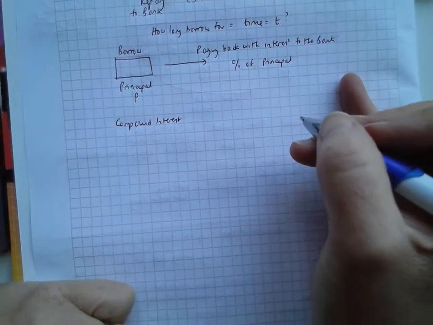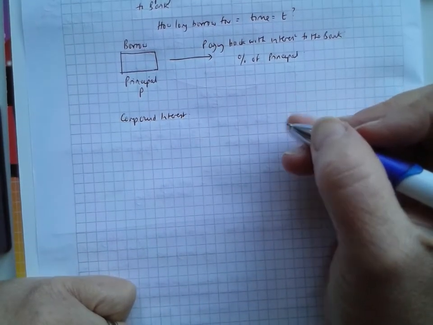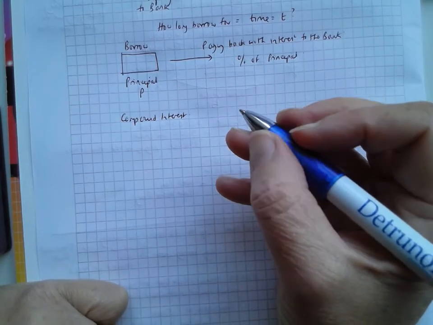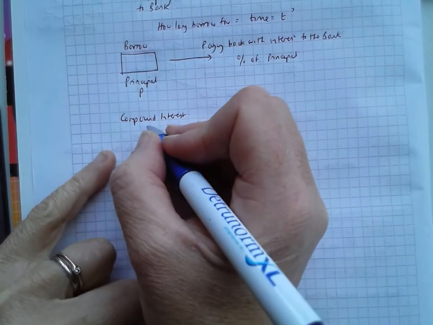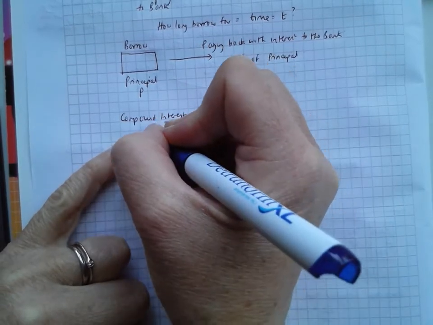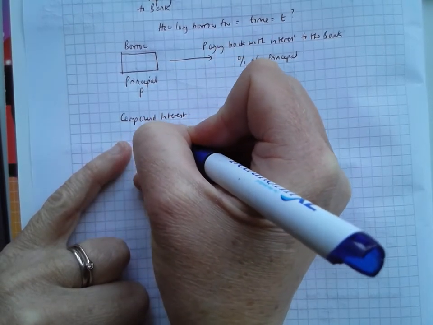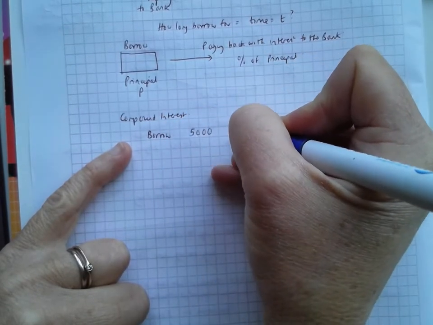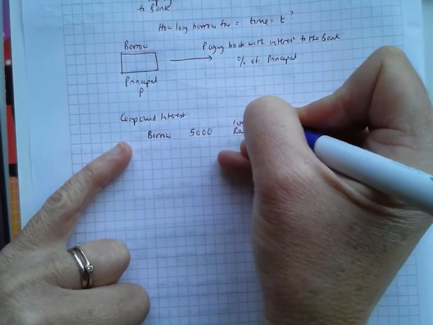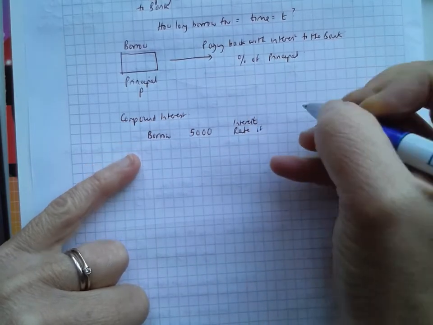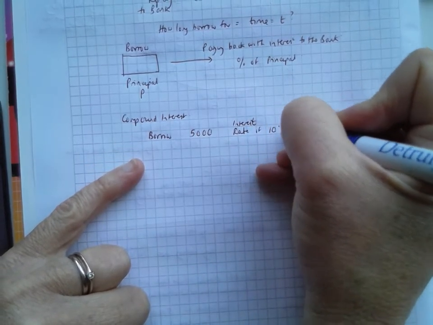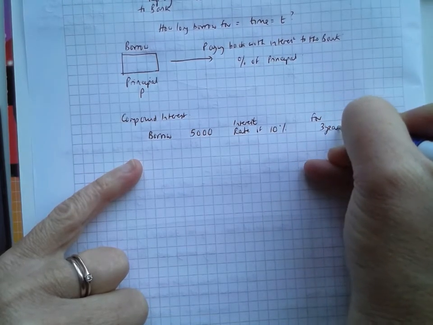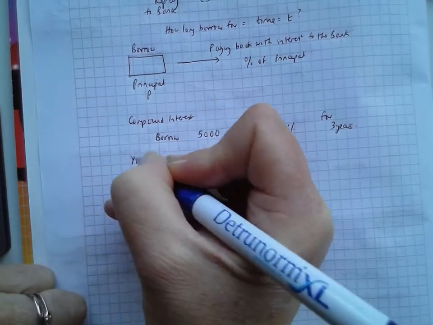We'll work it out without a formula to start with, and hopefully that'll be helpful to see where it comes from. Let's go back to this example. You're borrowing €5,000 at an interest rate of, let's say, 10% for 3 years.